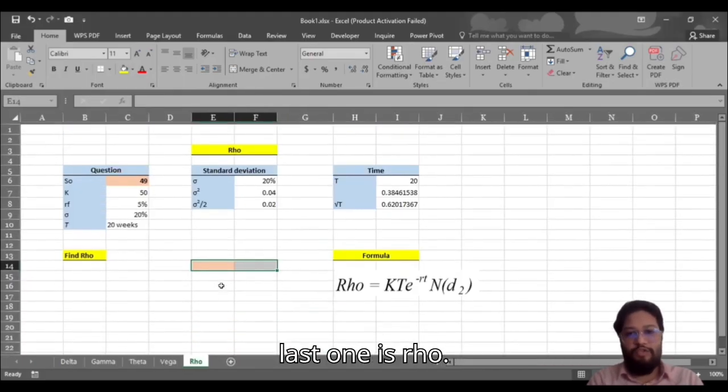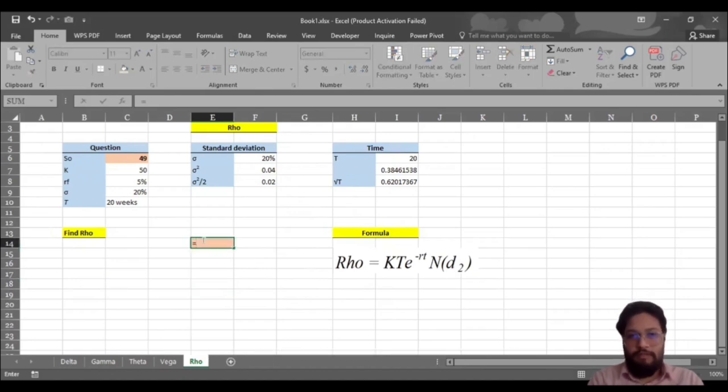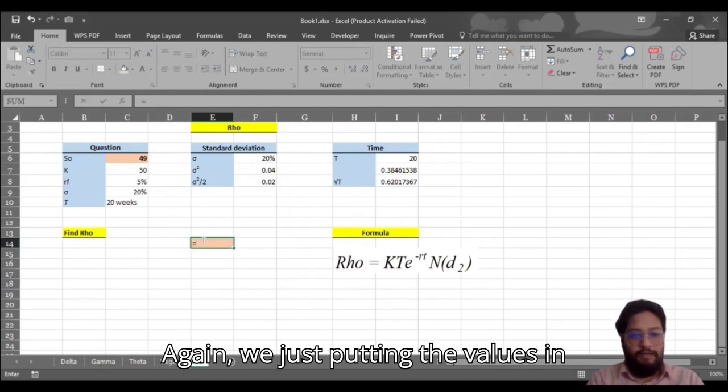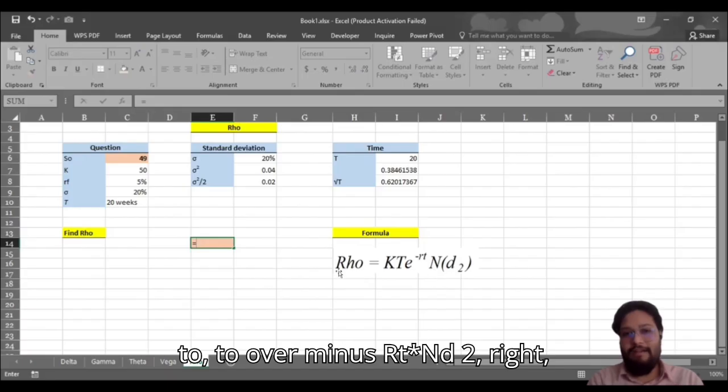And the last one is Rho. So for the Rho calculation, again we just put the values in the formula: K times T times e to the power minus rT times N(d2), right?